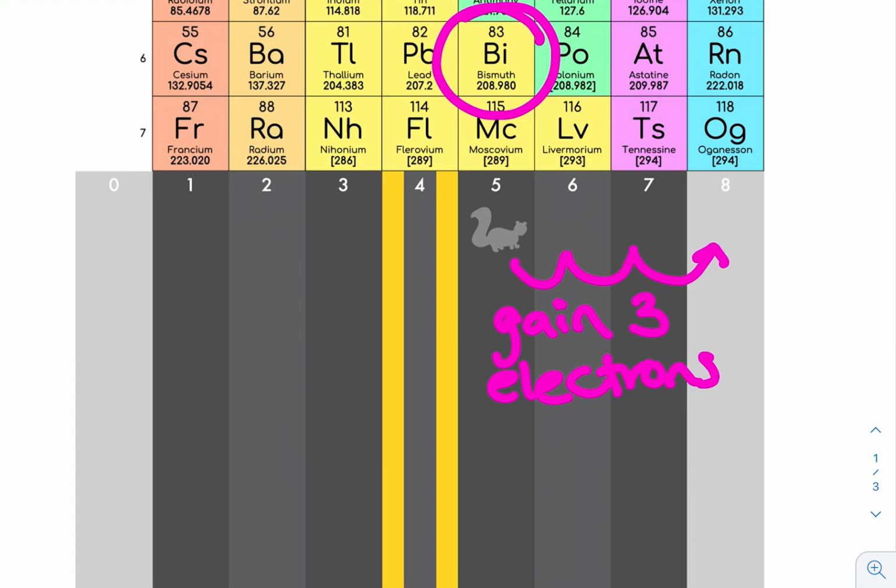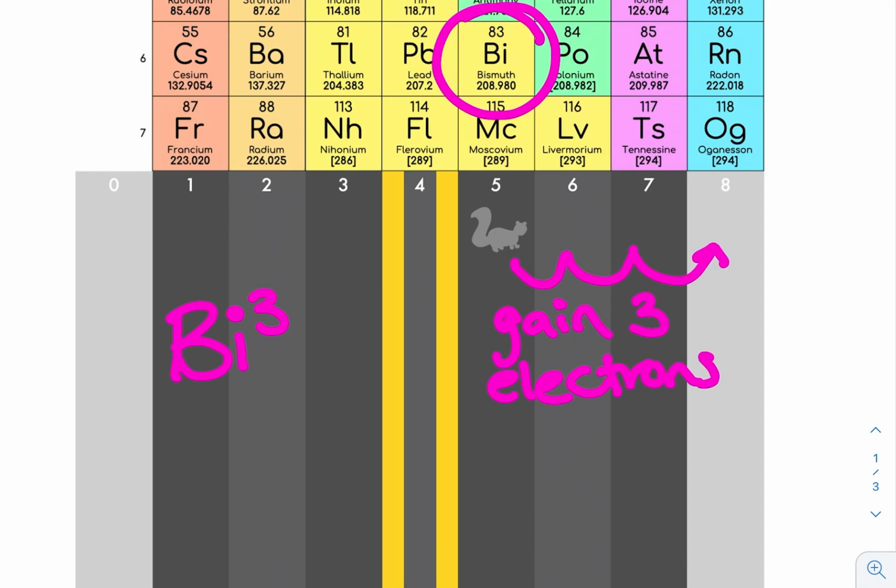When we're writing our symbol for this ion that has just been formed, we always start with our element symbol, which is Bi, and then we write our charge. When we gain electrons, which are negatively charged particles, we always write the quantity, in this case 3, as a superscript.